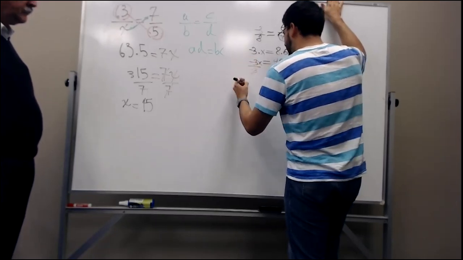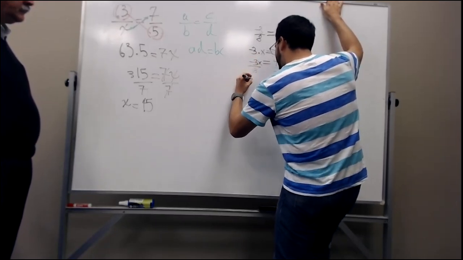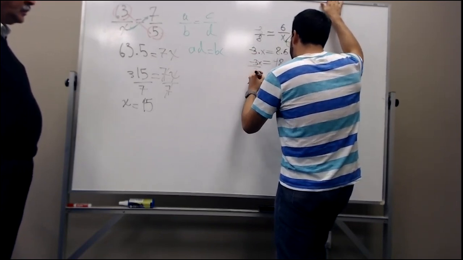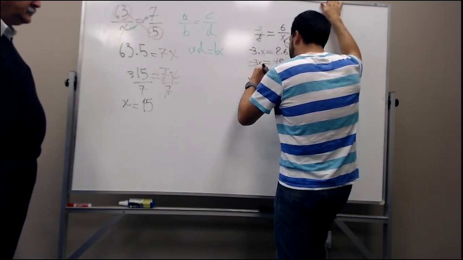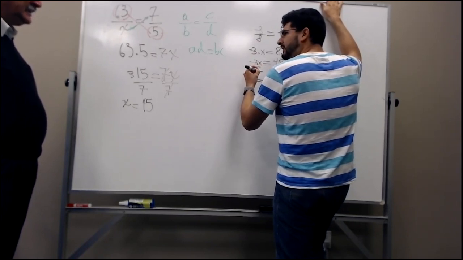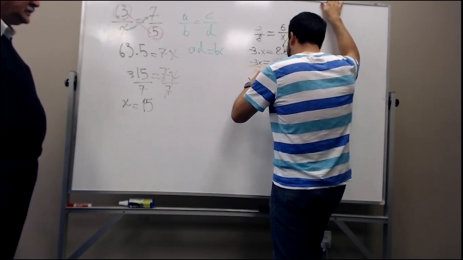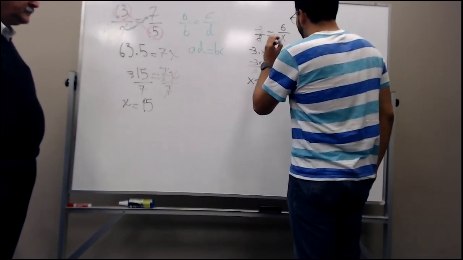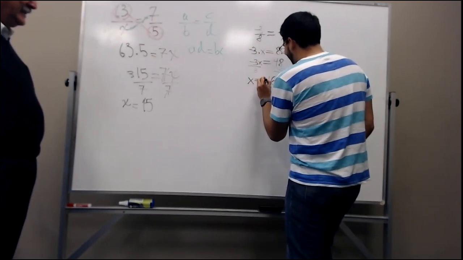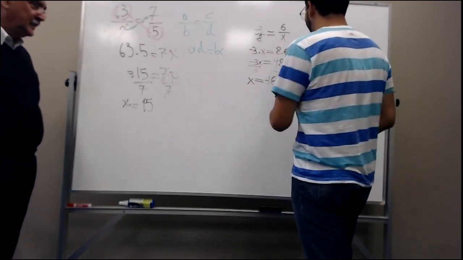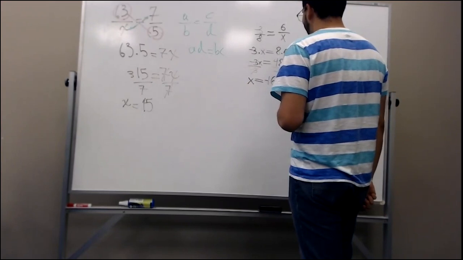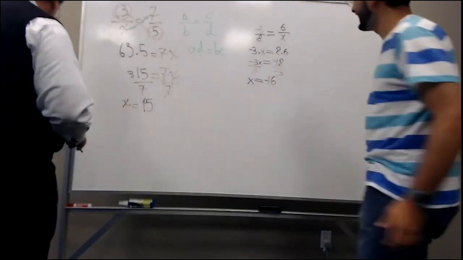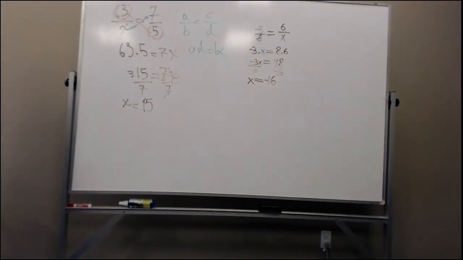One number remains, and x. You're right. Sorry, that's minus 6. That's it. Minus 3. Yeah. Okay. Simple. Sure.